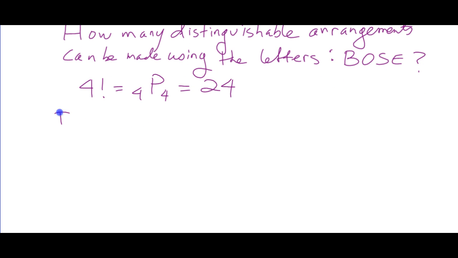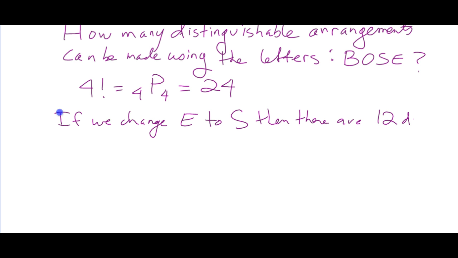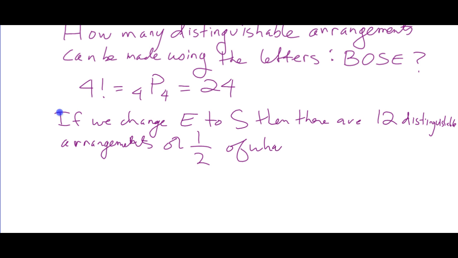So if we change E to S, then there are 12 distinguishable arrangements, or 1/2 the arrangements. Or half of what we started with.